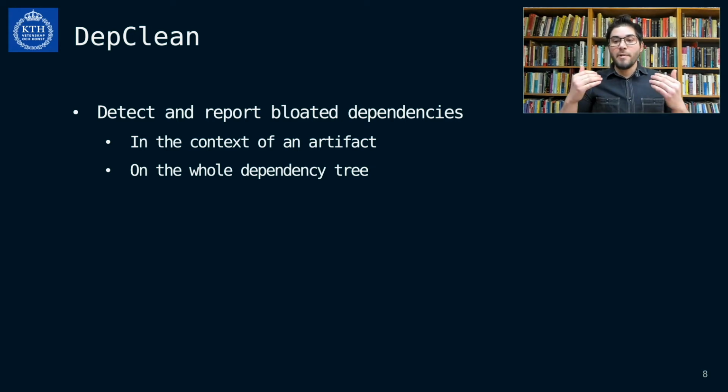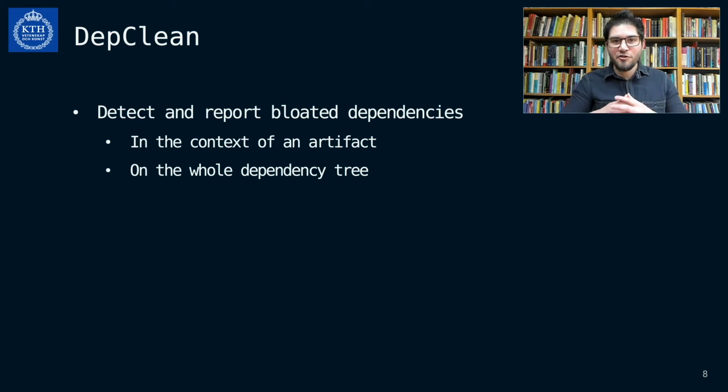These are two unique features of DepClean. There is a Maven plugin called the Maven Dependency Analyzer that provides a report about the status of usage of some dependencies, but it doesn't analyze transitive dependencies in the context of a given project, and it doesn't distinguish between transitive and inherited dependencies.